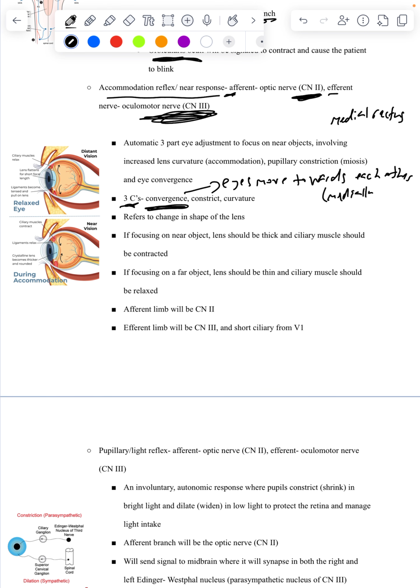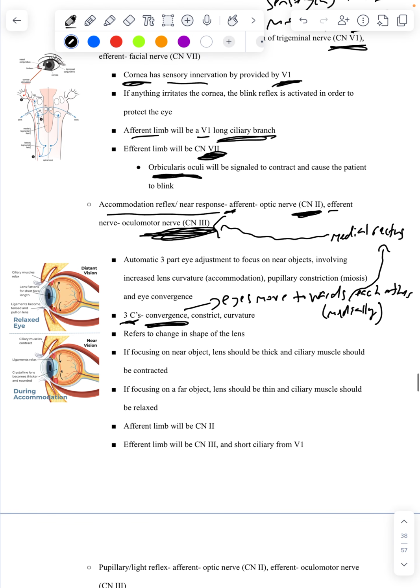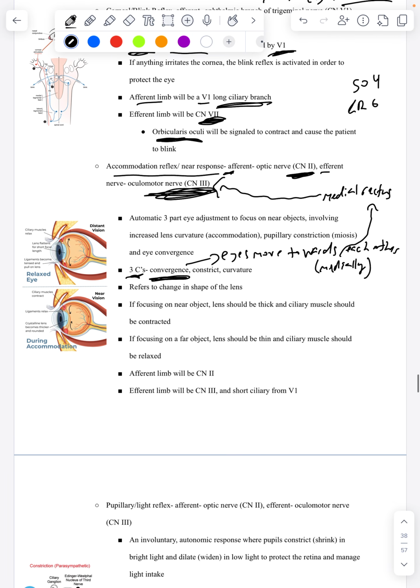If they're both moving medially, it's your medial rectus that's doing that. Your medial rectus is innervated by your cranial nerve 3 or oculomotor. Remember, the only 2 exceptions were SO4 and LR6. So superior oblique, it's 4, which is trochlear. And then LR6, lateral rectus, gets 6, which is abducens. The rest all get 3. That's like a side note.